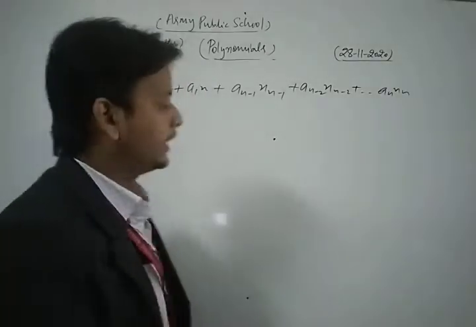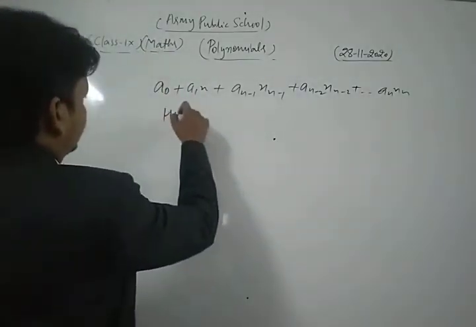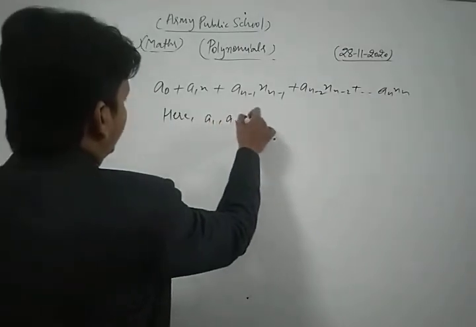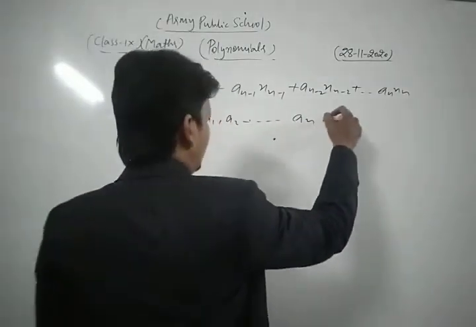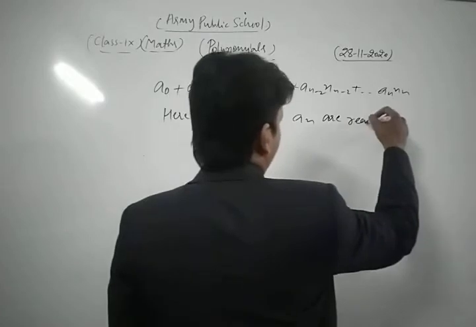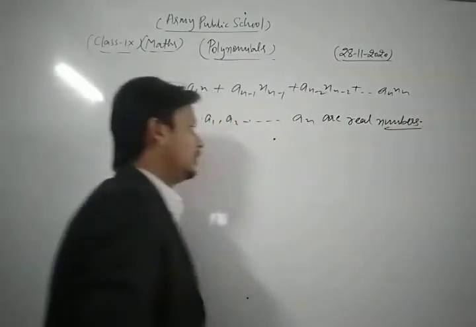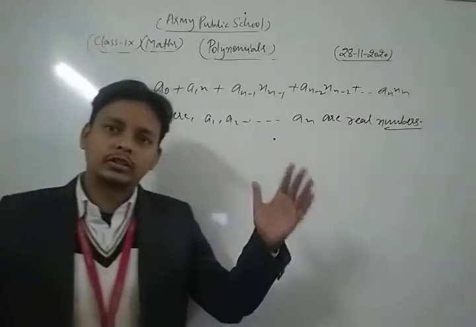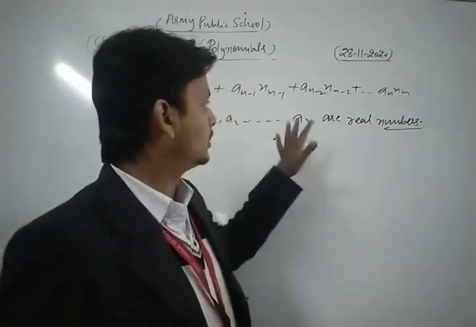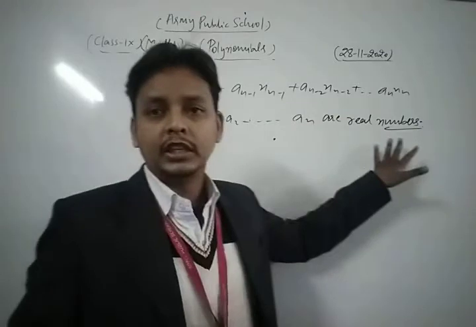Here a0, a1, a2, and so on up to an are real numbers. So this is the concept of polynomials.